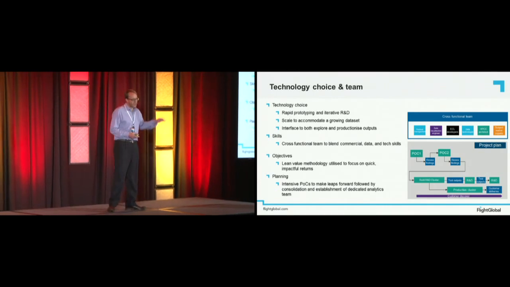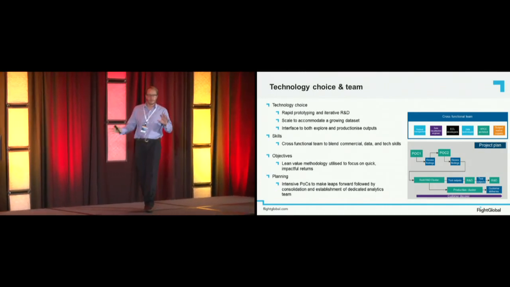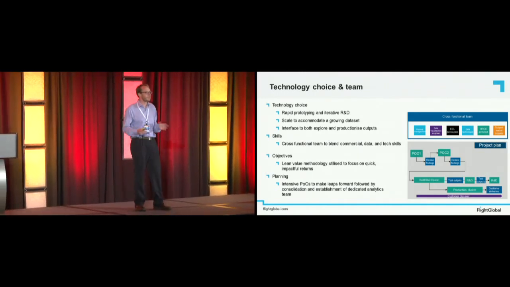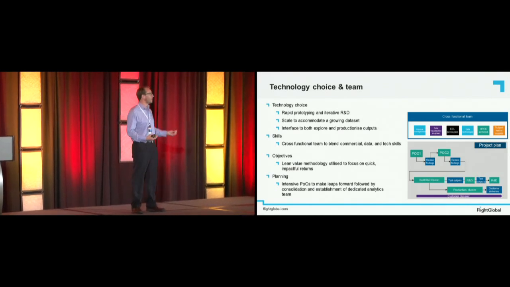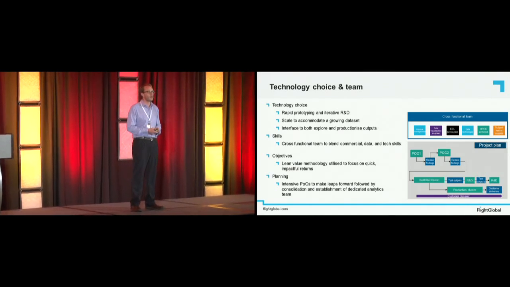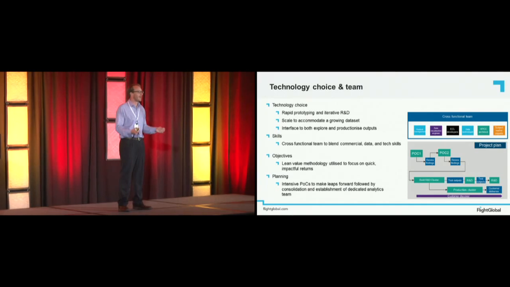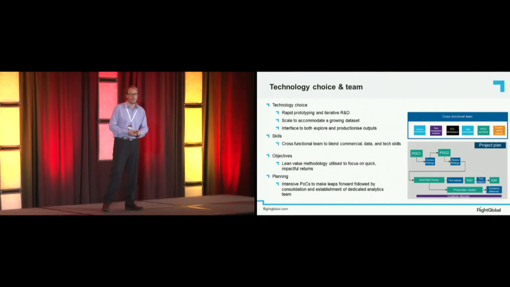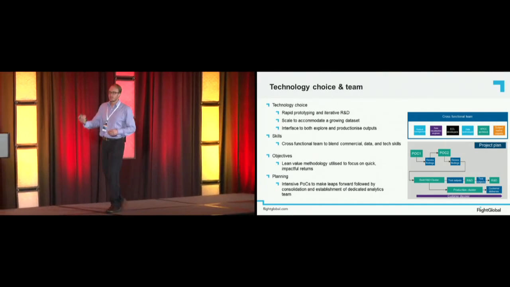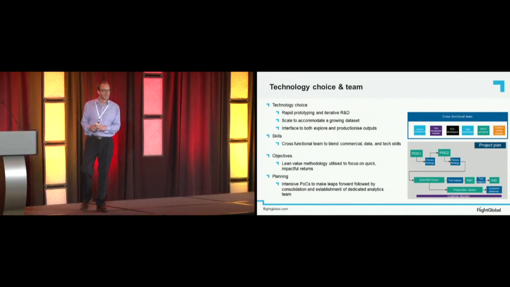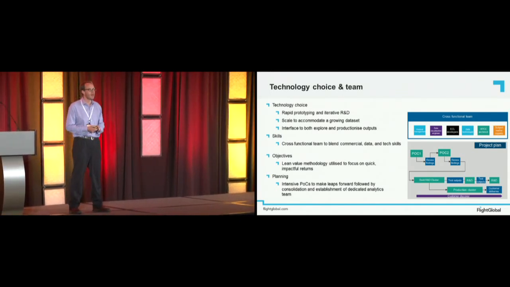There were a lot of different ways and applications that we could use this data. So we needed a methodology through which to focus on the most valuable return. We've been using the lean value methodology to anchor and focus in on customer bets that we see really high value from.